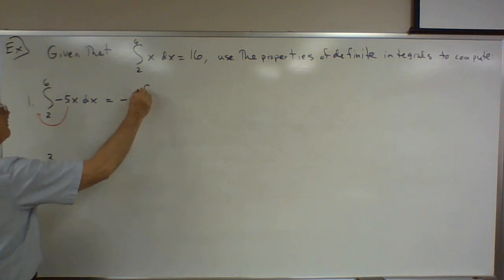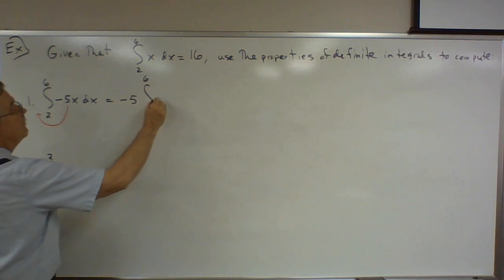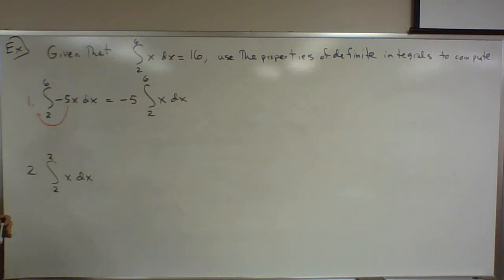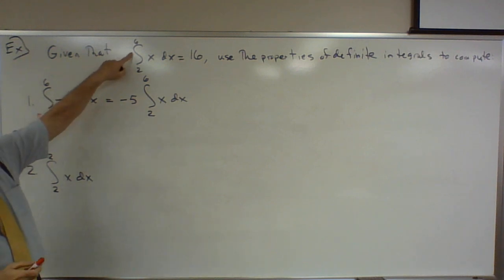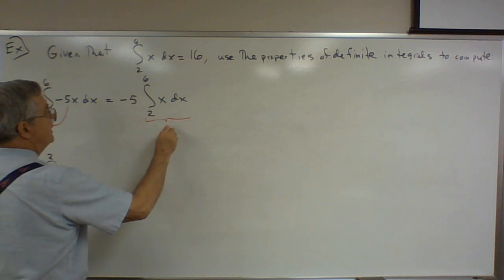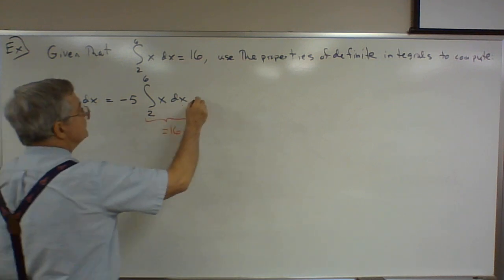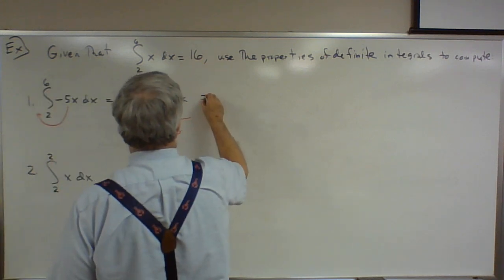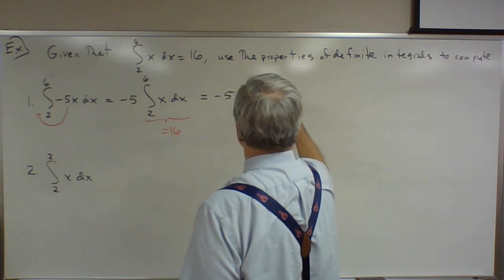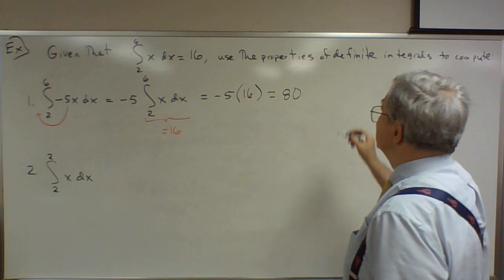So we have -5 times the integral from 2 to 6 of x dx. And we know from what's given that this thing equals 16. And that equals 8. Let's just check.